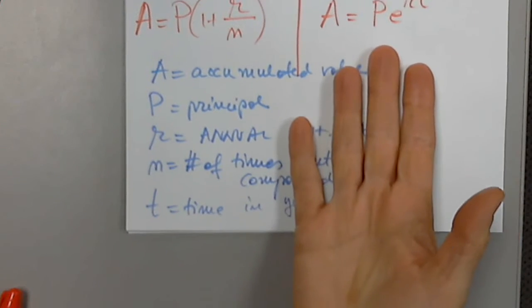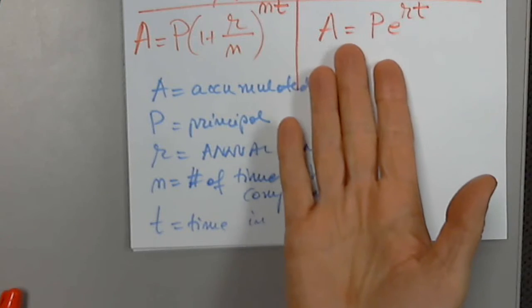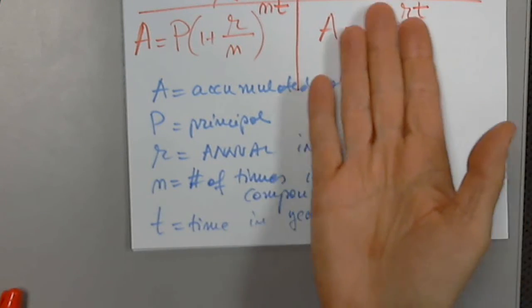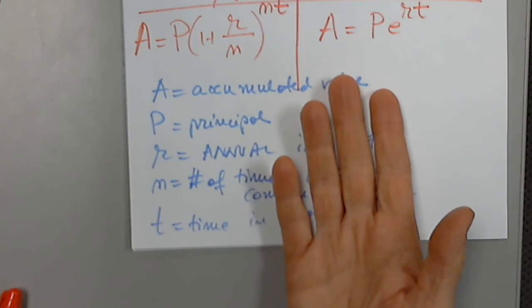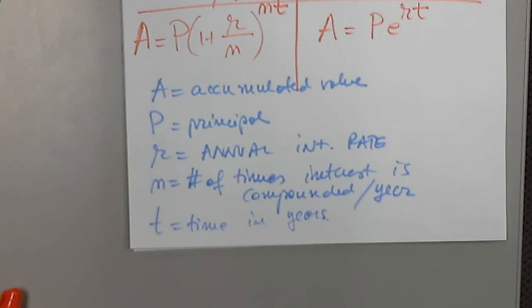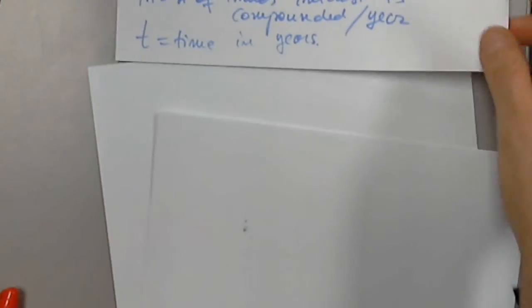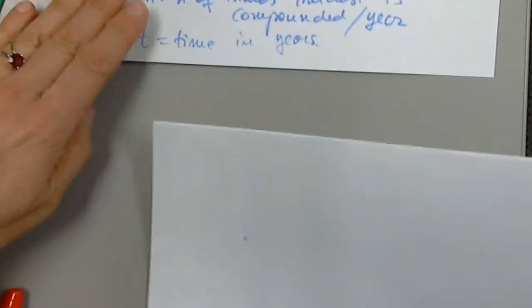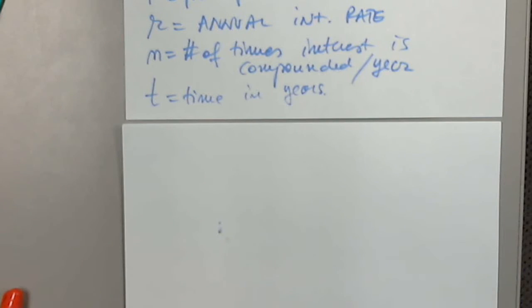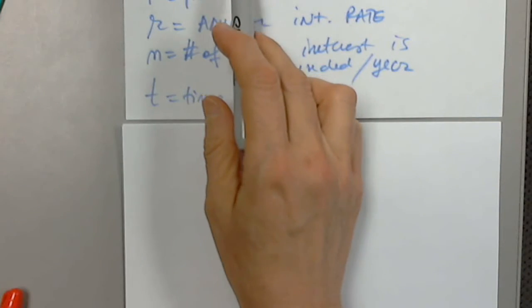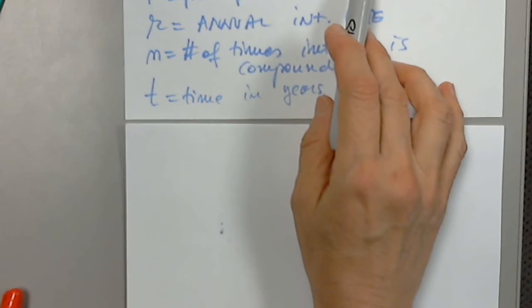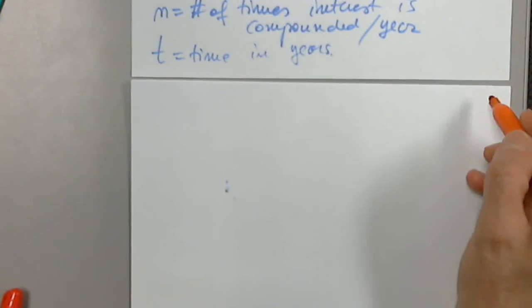The same thing here. As you see, there is no n here because this formula compounds the interest continuously. So there is no number of times per year. I would like to look at a problem that will ask us to compare the two possibilities with different interest rates, and I'm going to add a question for the continuous compound interest.